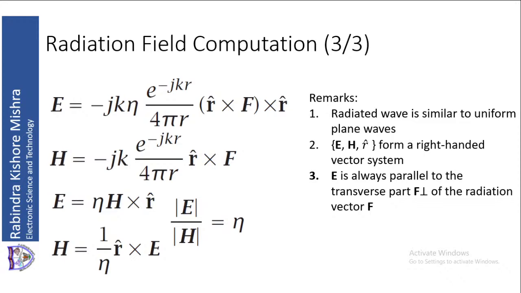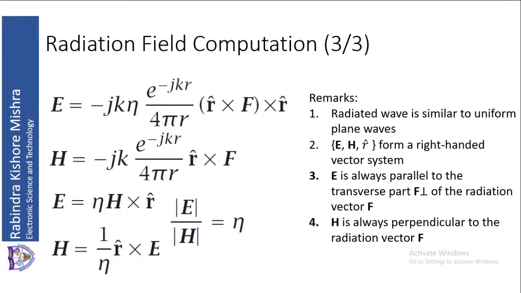Then E is always parallel to the transverse part, or perpendicular part, of A. That you can see from the first equation. E is equal to minus jk eta, the jk eta we will neglect, exponential minus jkr by 4 pi r, these are amplitude. Then E is equal to r cap cross F cross r cap.